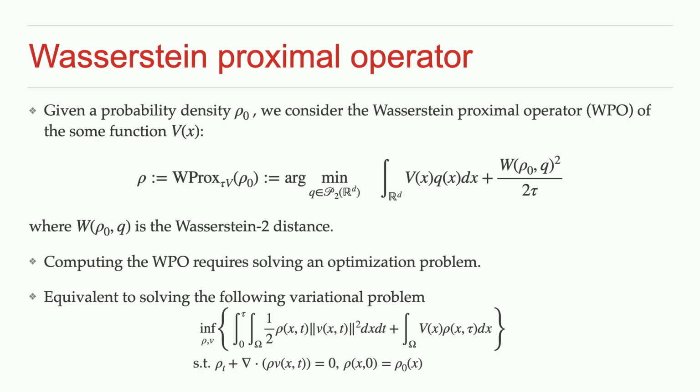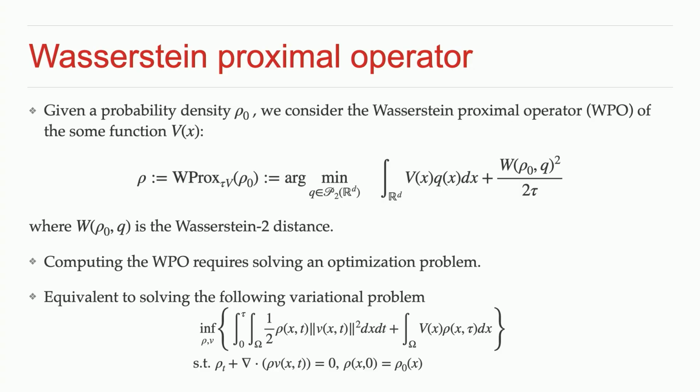If I view it as an optimization problem in the probability space, what we can do is utilize the Benamou-Brenier fluid formulation of optimal transport. There we can recast this Wasserstein proximal operator optimization task as a constrained optimization problem. The constrained optimization problem will share a very similar form to the Benamou-Brenier OT formulation.